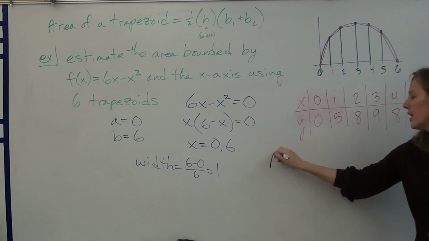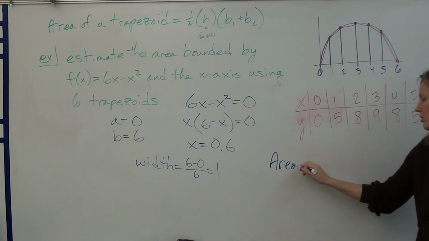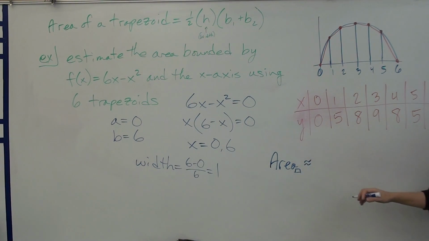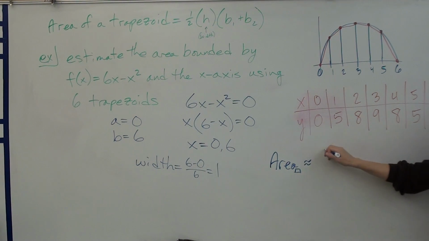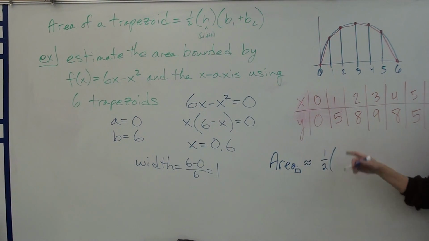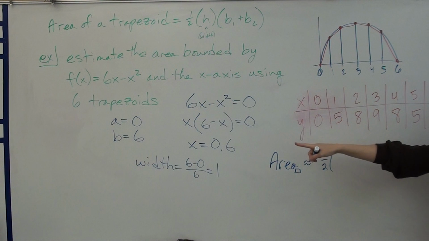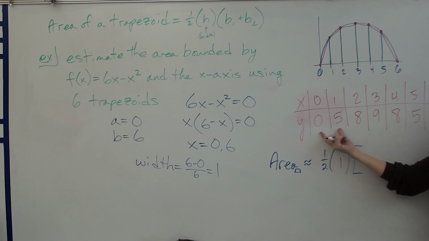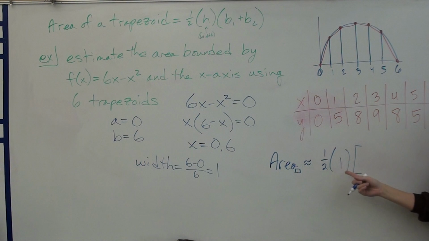So our area using trapezoids is approximately. Don't forget, the trapezoid formula is 1/2 times the height, which in our case is the width, which is 1, times the area of each trapezoid. Well, for each trapezoid, you do 1/2 times the height times the sum of the bases.